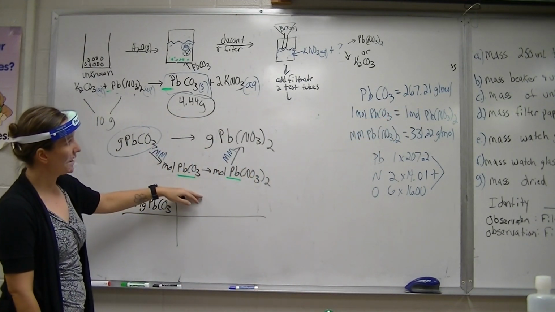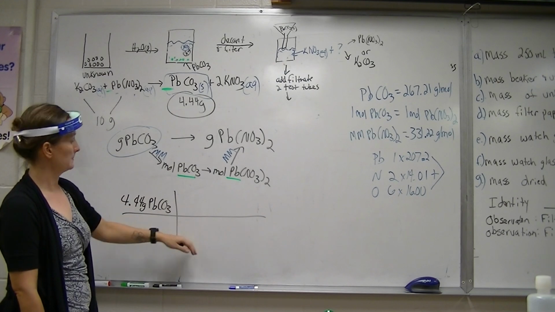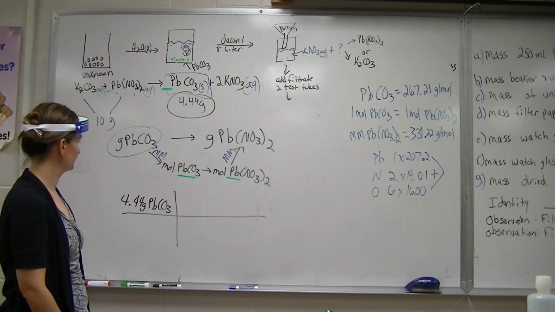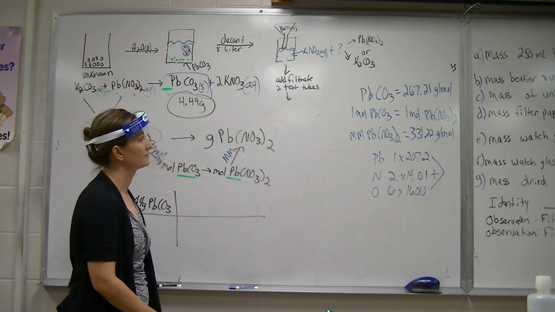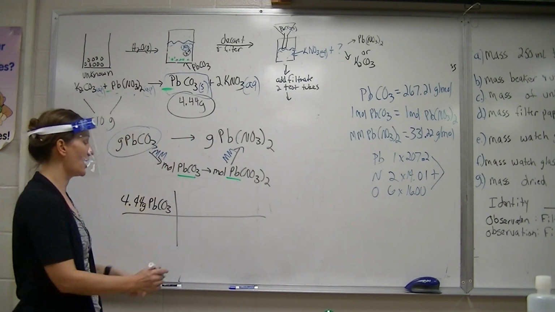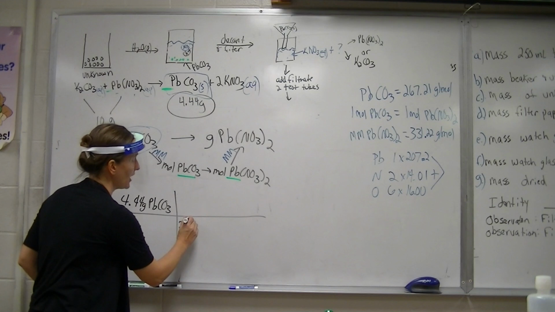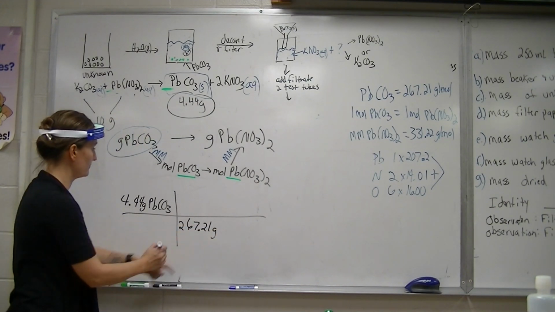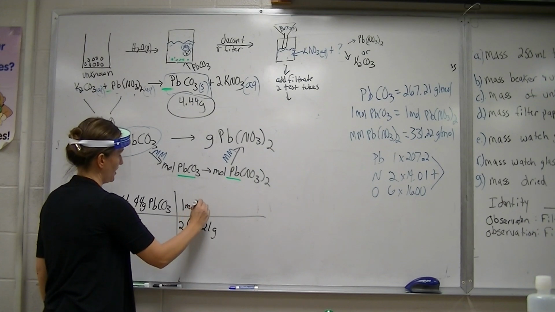Am I going to be multiplying by 267 or dividing? It's going to go on bottom. We're dividing because we want the gram portion on the bottom to cancel. So that'll put the gram on the bottom and then the 1 mole portion on the top.